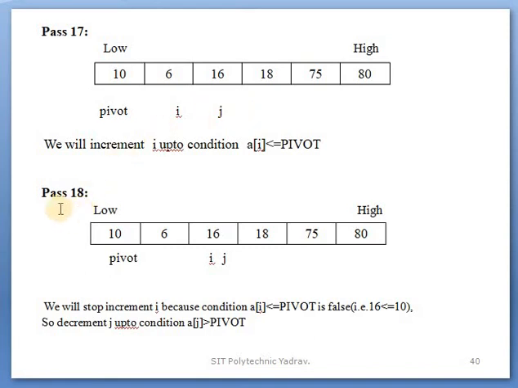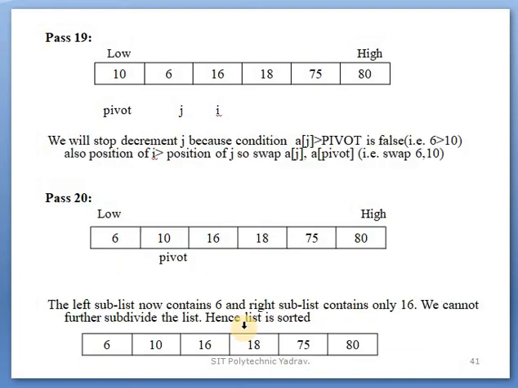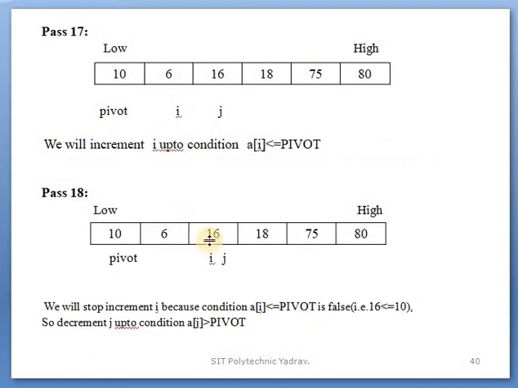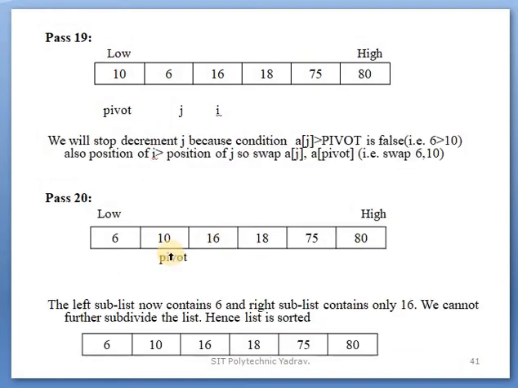In the 18th pass, we stop the increment of I because the condition a of I less than or equal to pi is false, that is 16 is less than 10 is false, so the increment of I stops. Then we decrement j up to the condition a of j greater than pi. In pass 19, j is decremented by 1.